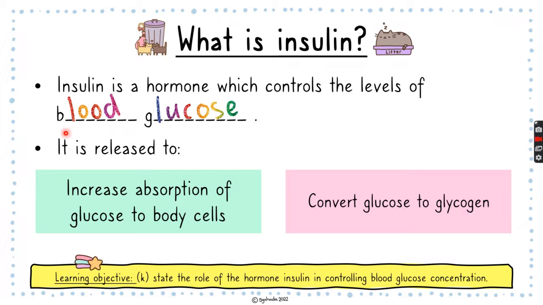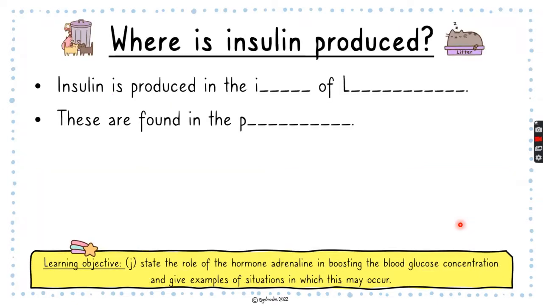That means to reduce blood glucose levels, so the amount of glucose found in your blood. To do this, insulin encourages your body cells to absorb that glucose from your blood, and then convert that glucose to glycogen for storage. So in the end, you will have less glucose in your blood, aka blood glucose will drop.